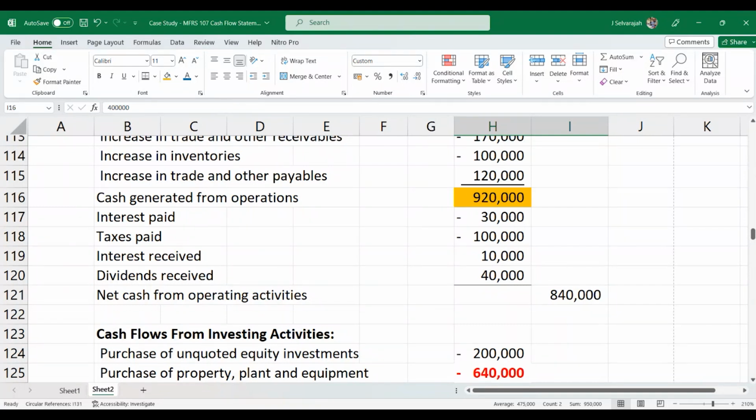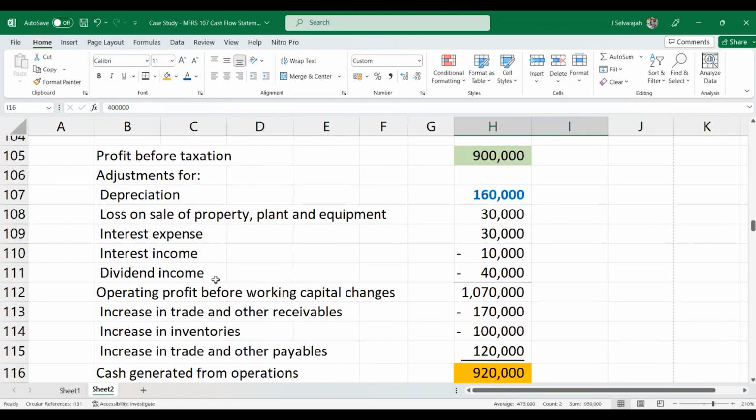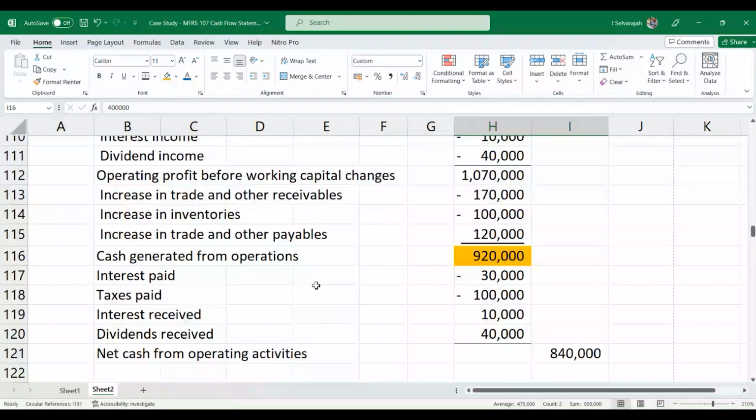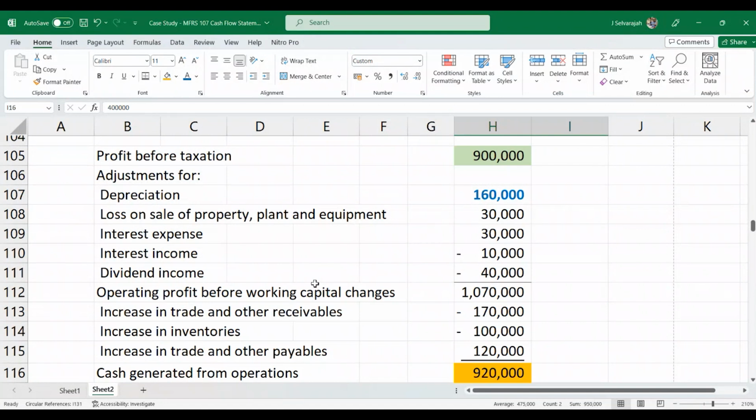So the amount shown in the P&L is actually the cash received. So that cash received is reflected here. As you can see, the patent that was sold. All right, let me highlight the patent so that I don't have to go up and down looking for it. Where is that patent? Sometimes it gets all mixed up somewhere.